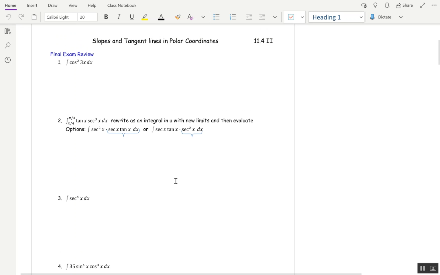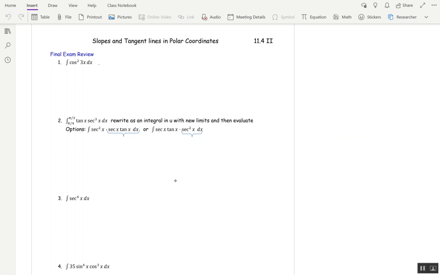Okay, first problem. Whenever we see cosine squared or sine squared, we need to use the half angle formula before we can integrate. So this is equal to the integral of 1/2 plus 1/2 cos, and we double the angle, 6x dx.